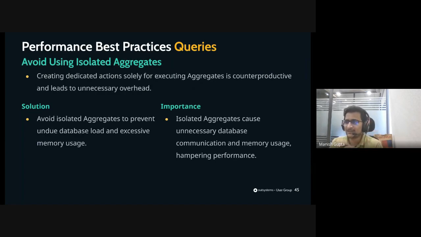Coming to the next, again we discussed this, that we should avoid using isolated aggregates. Isolated aggregates basically have more memory usage in the database, and whenever we are calling isolated aggregates, or we require a particular view state of data in our application, then we require multiple aggregates to be called for the data display, which creates an unnecessary overhead.